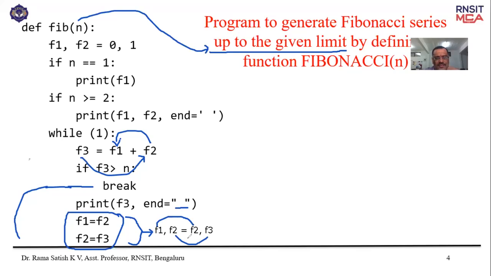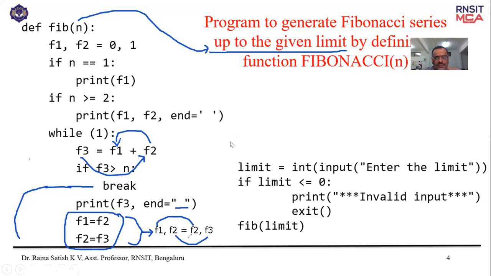Now, in the main program, what do you do? You accept, enter the limit from the user. How many numbers in the series? Is 20 the limit or 40 the limit? What is the limit? And you store it in limit.